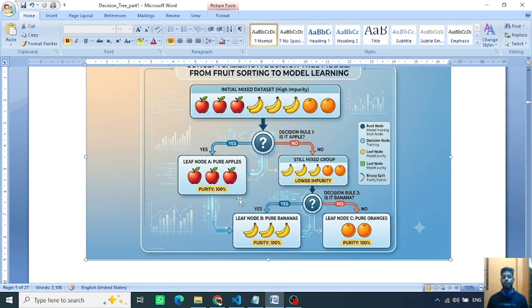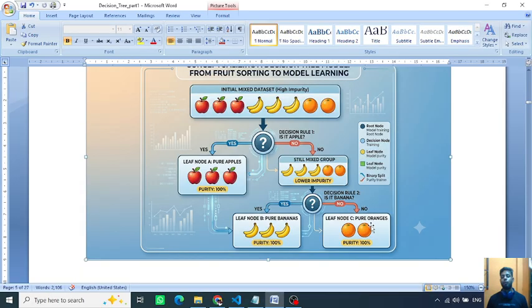So on the left side the apple basket is pure right now, but the right side basket is impure because mixed fruits are still present, right? So again, it asks a question: is it a banana? Then on the left side, bananas are separated, and the right side has the remaining.